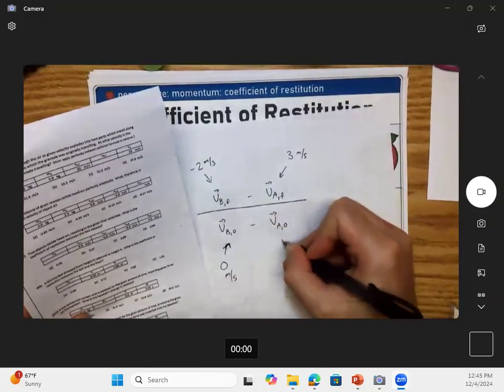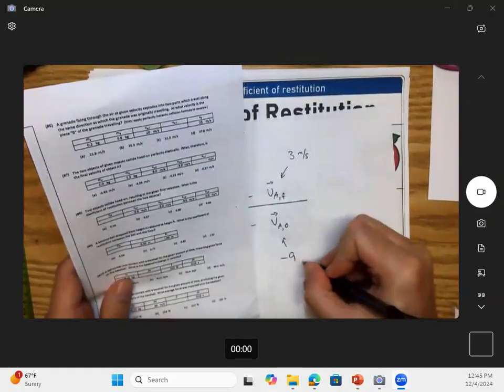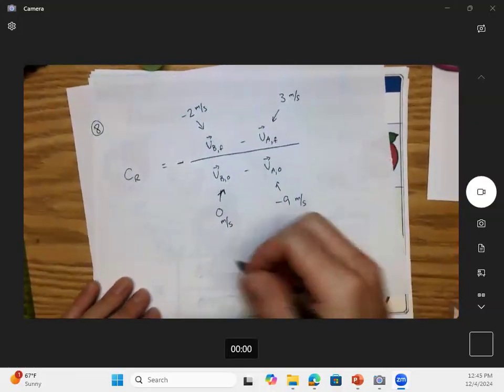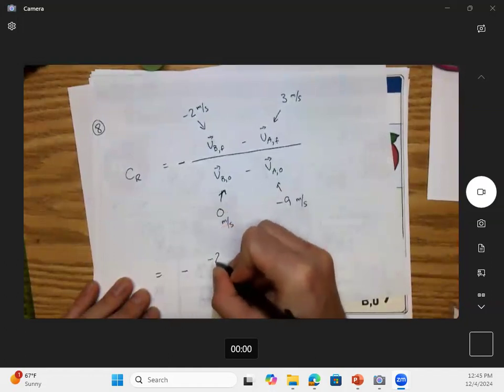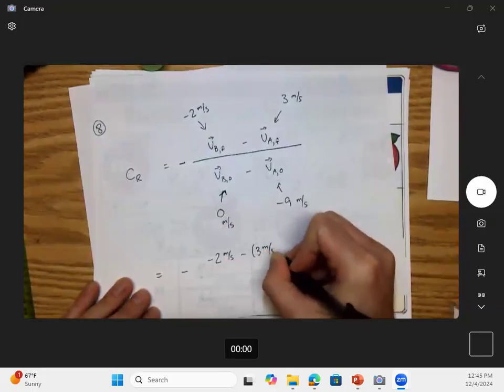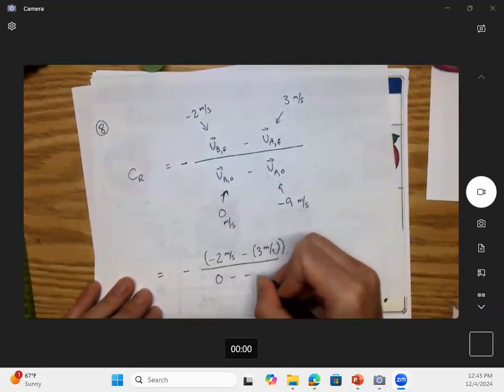And then A before got, ooh, right. So I have negatives flying all over. Actually, I should kind of rewrite this. So negative, got -2, -3, all divided by 0 minus -9.